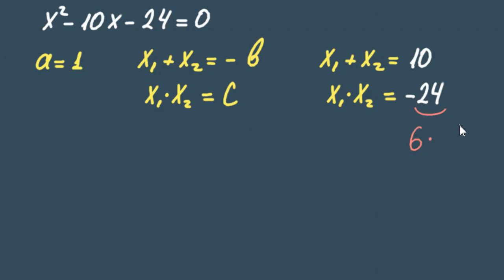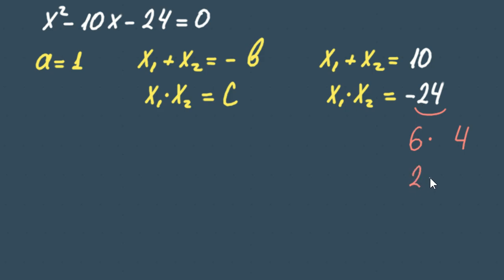24 is equal to 6 times 4. If we add 6 and 4, we get exactly 10. But we will not be able to multiply 6 and 4 so that we get a negative number. One of the numbers here must be negative, but then the sum of these numbers will not be equal to 10.